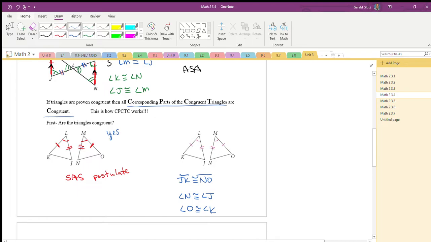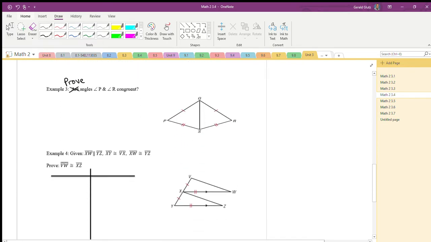Since I proved using the side angle side that the two triangles are congruent, all their corresponding parts have to be congruent as well. So the only time we use CPCTC in proofs is after we've proven the two triangles are congruent.